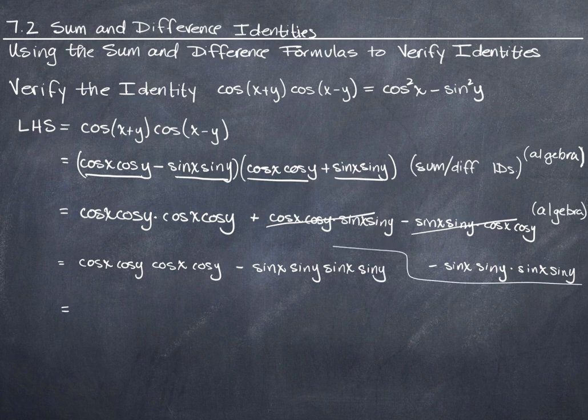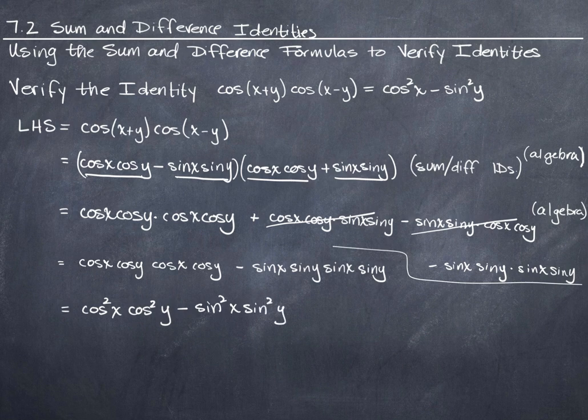And that is equal to cosine squared of x, because I have cosine x times cosine x, and also cosine y times cosine y, so cosine squared of x times the cosine squared of y, minus the sine squared of x times the sine squared of y.